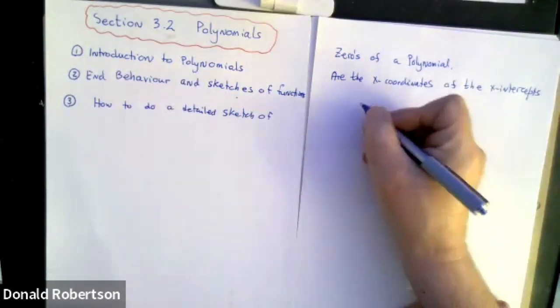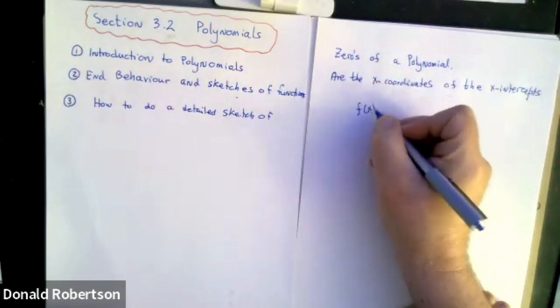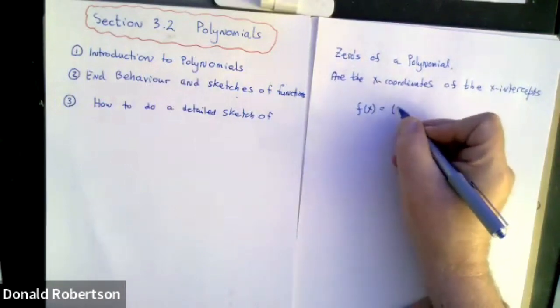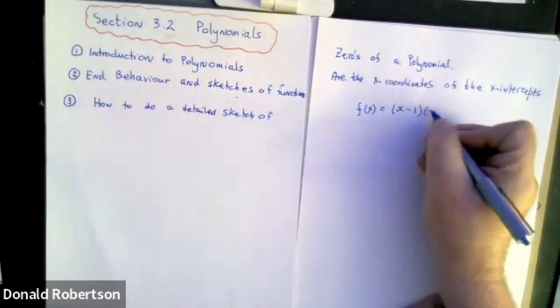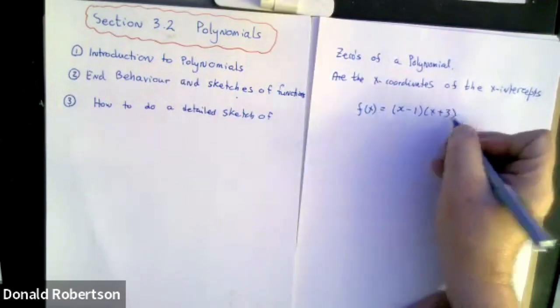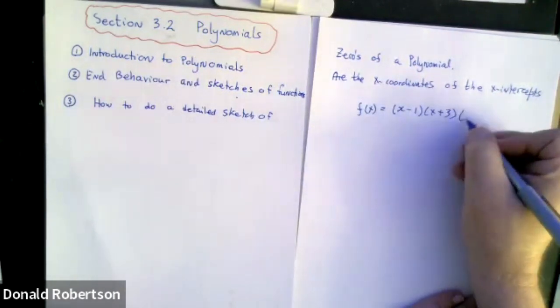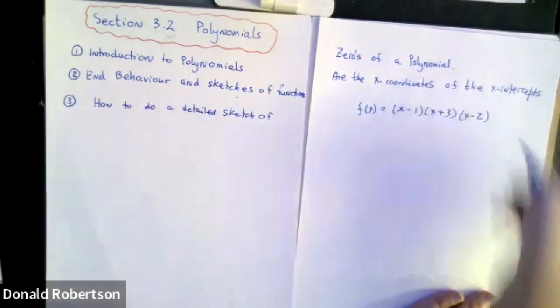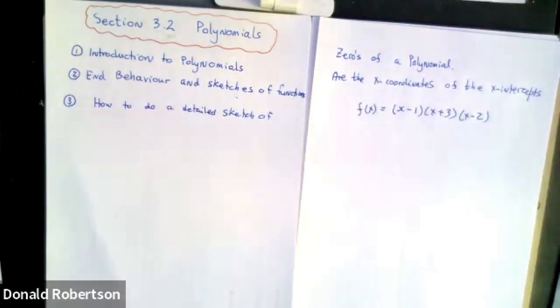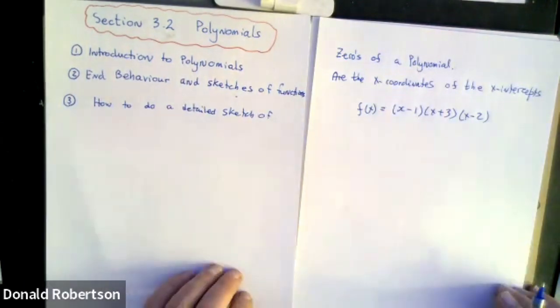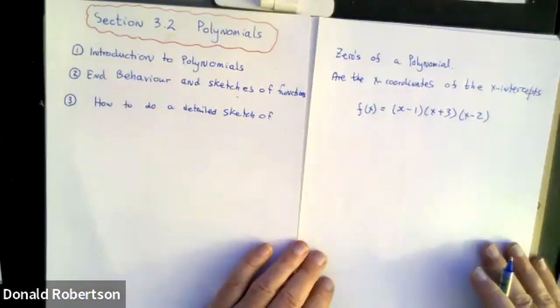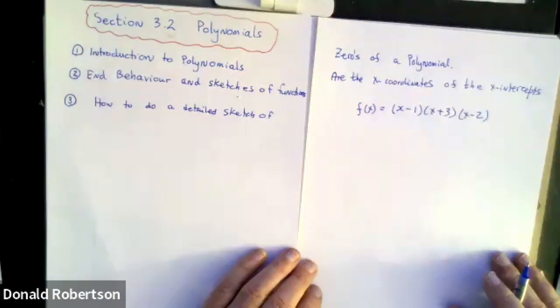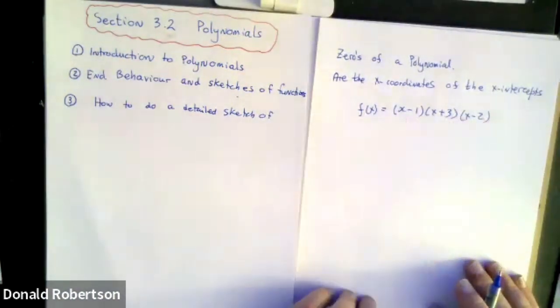So imagine I have a polynomial that's already factored. And really, to answer the zeros of a polynomial, you need it to be factored. If the polynomial is not factored, then you've actually got to do some algebra and factor it.